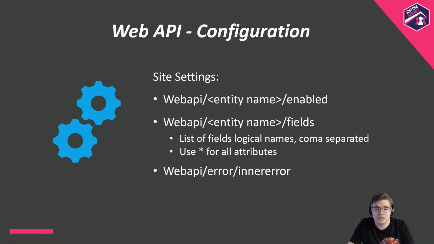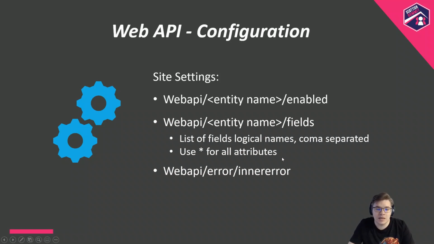But this setting alone is not enough. You can granularly select which fields should be acceptable and accessible in Web API, which is really important from a security standpoint. So you need to create a new site setting called Web API / your entity name / fields, and as a value provide a list of fields' logical names, comma separated, or use an asterisk for all attributes.